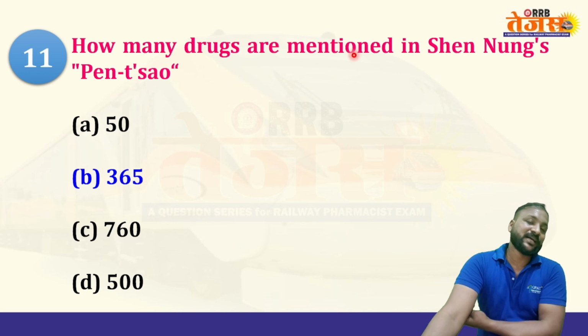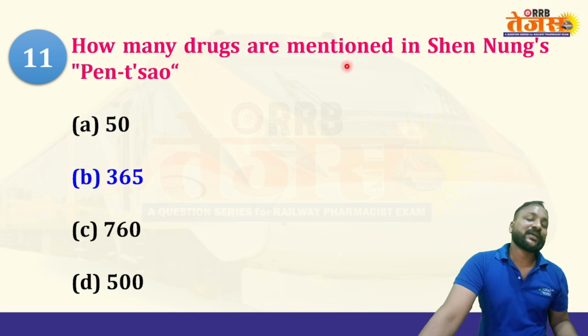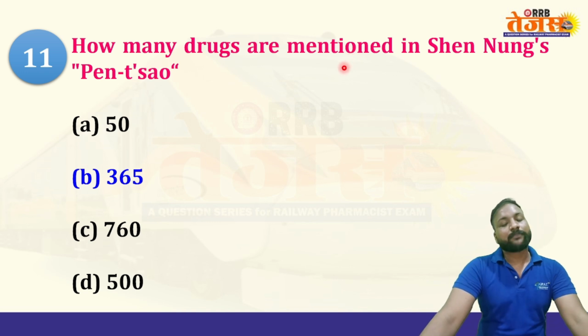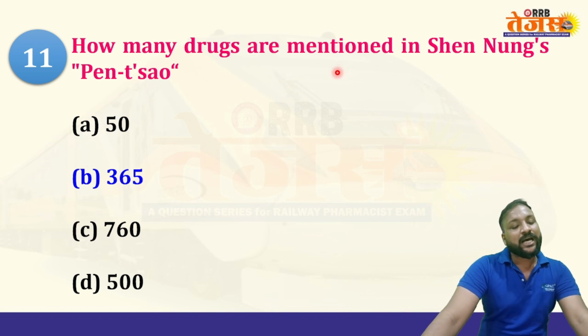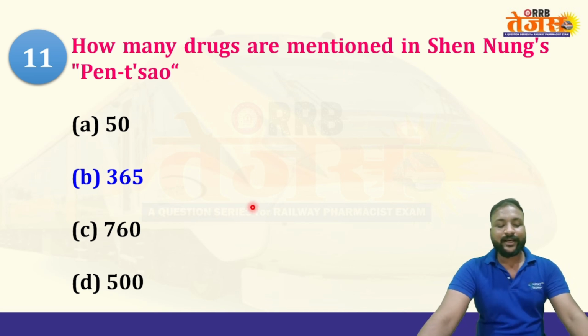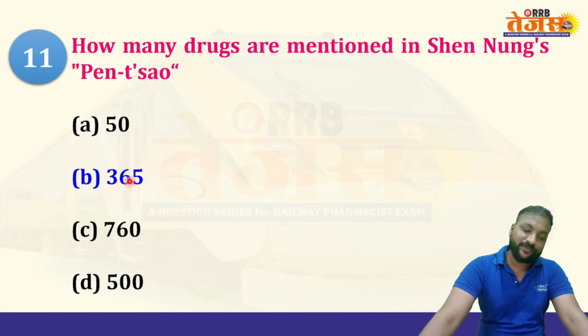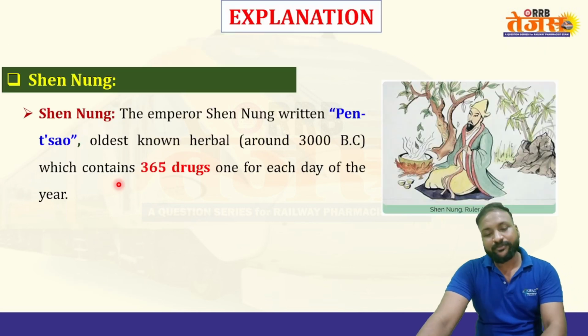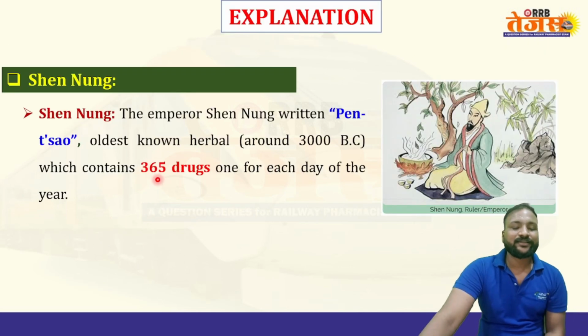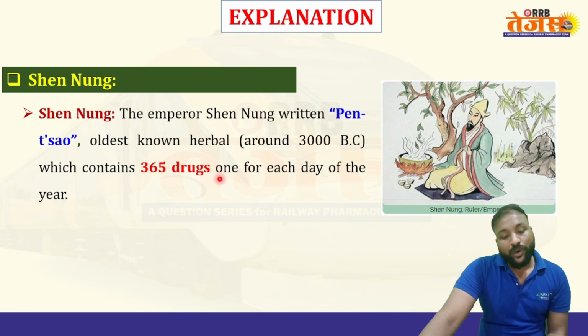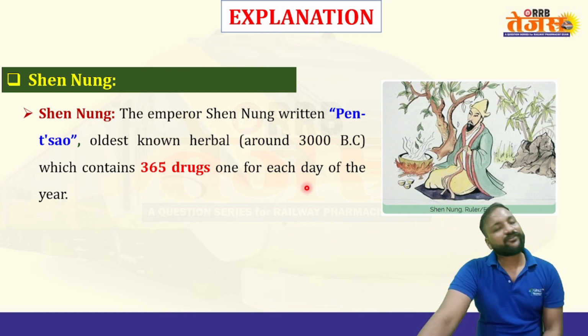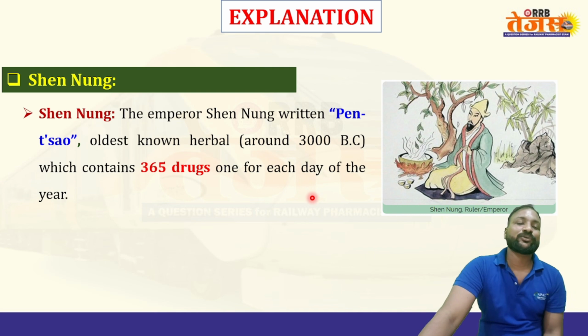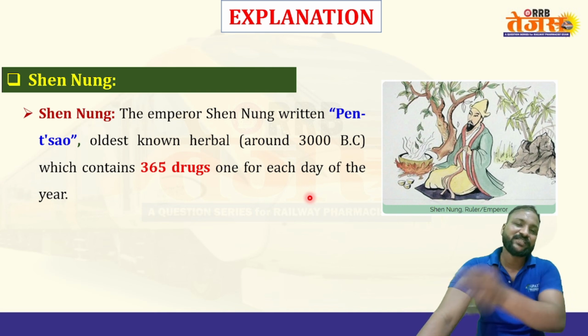Option B is the right answer here: 365 herbs are mentioned in this Bencao. Option B is 365, C is 760, D is 500. The right answer is 365 because he included 365 drugs, one for each day of the year.